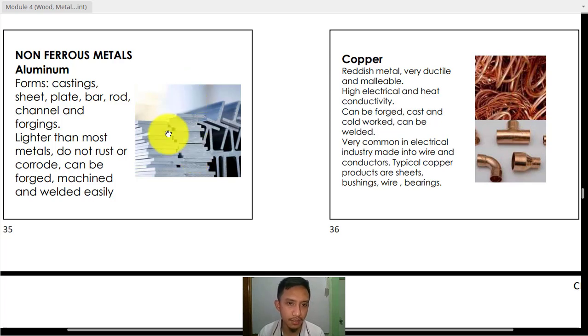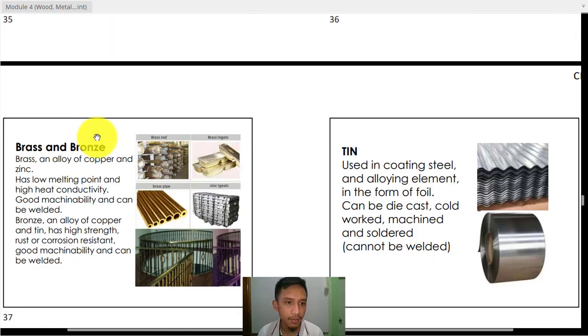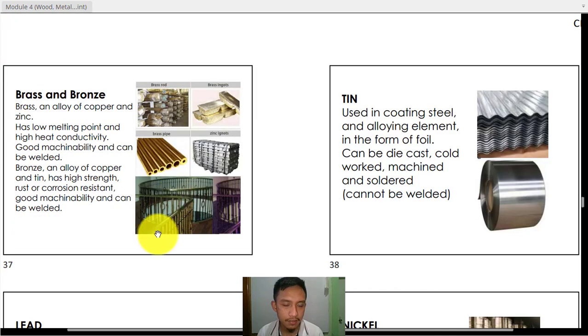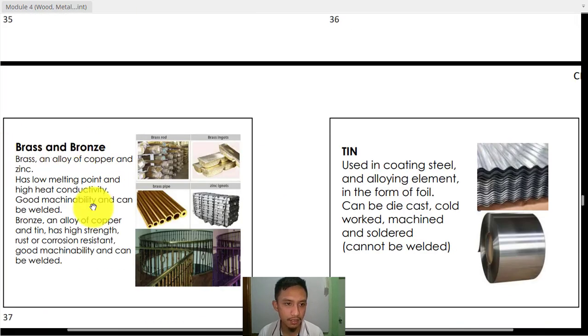And of course, this is without iron, so it is prone to rusting. Copper is for electric conduction. Brass and bronze we seldom use, since the price, due to their shiny property, is a little bit expensive compared to the others.